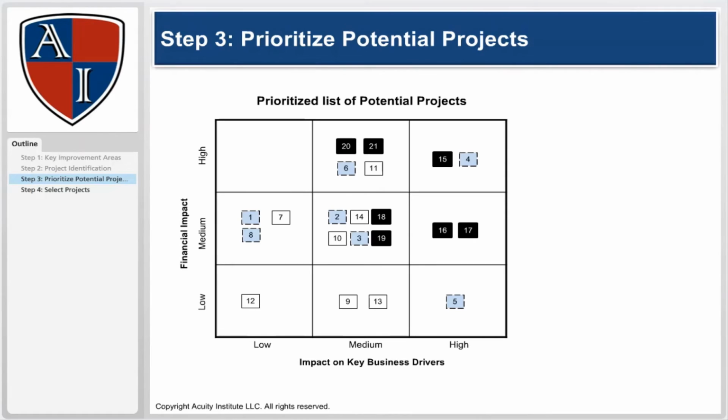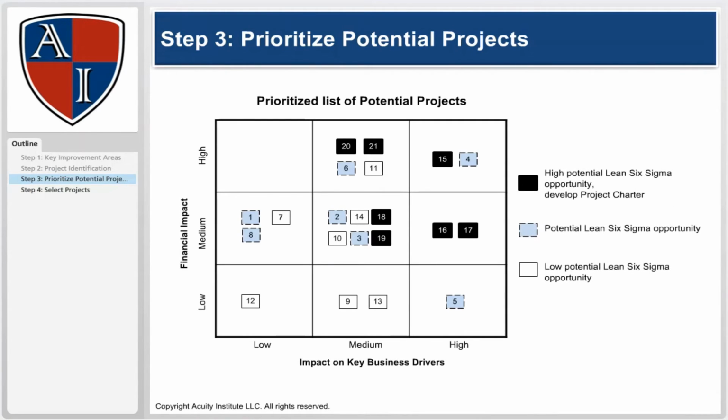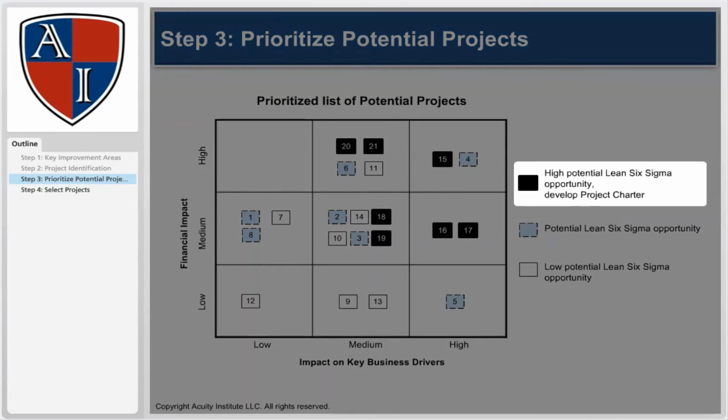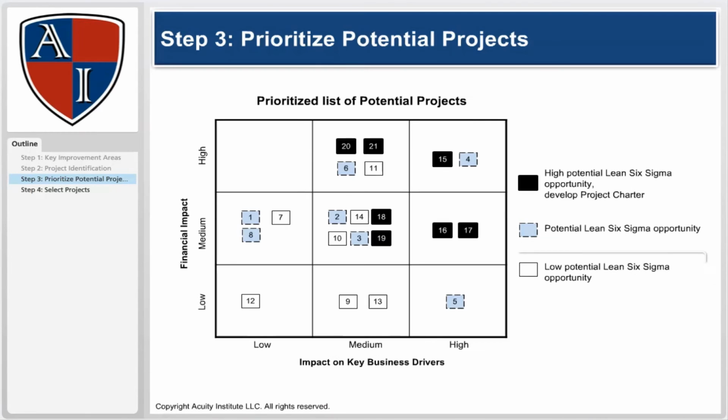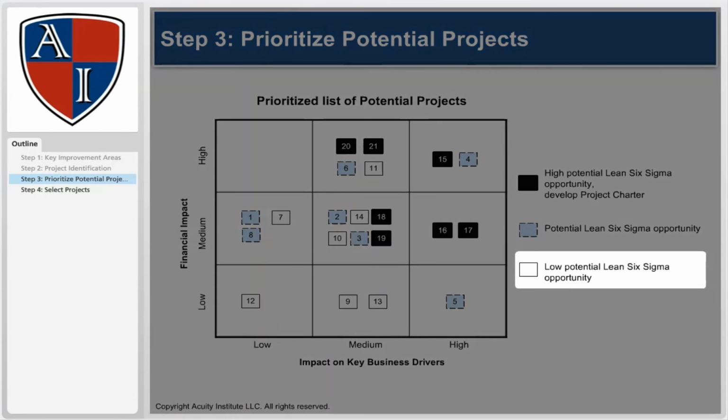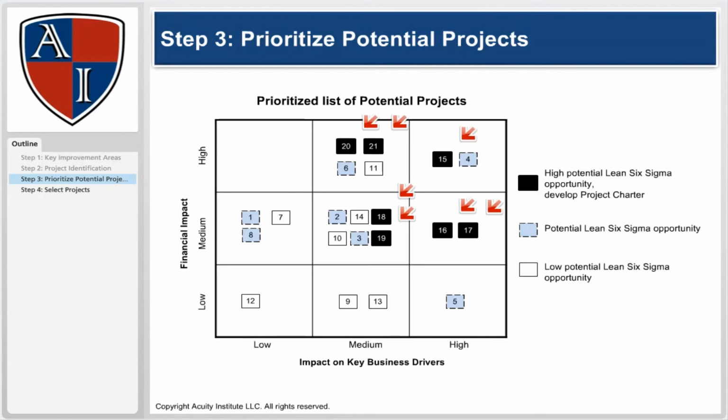Once you've placed all the projects on the grid, we recommend also rating them using a color-coded system. In your rating, you can rate them as a high potential Lean Six Sigma opportunity, a potential Lean Six Sigma opportunity, and a low potential Lean Six Sigma opportunity. Once this is complete, your next step is to develop the project charters for those high potential Lean Six Sigma opportunities.